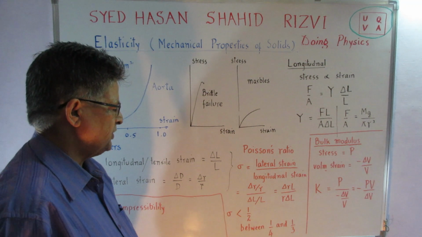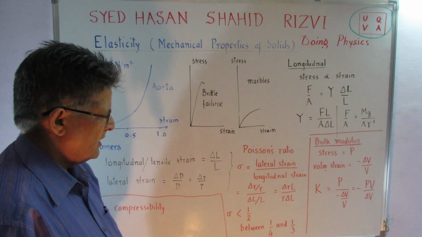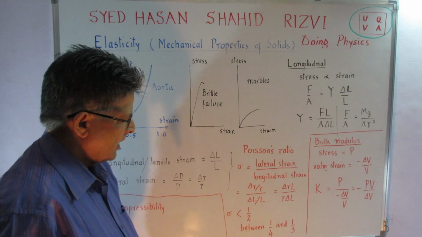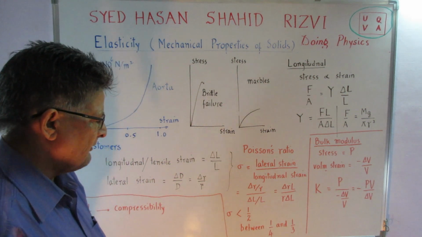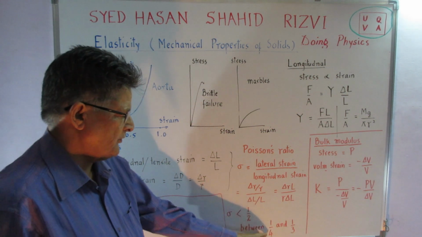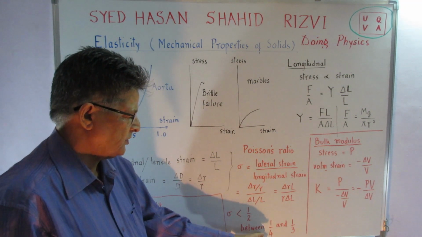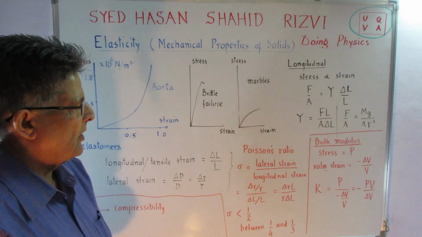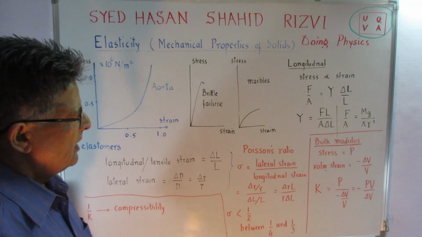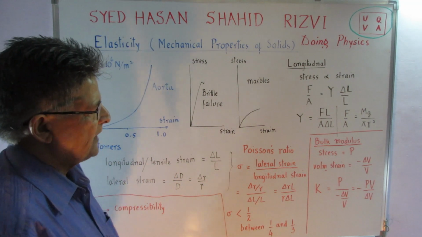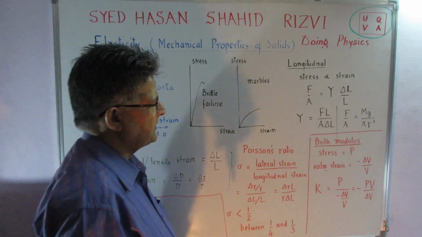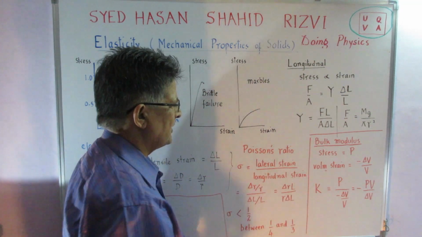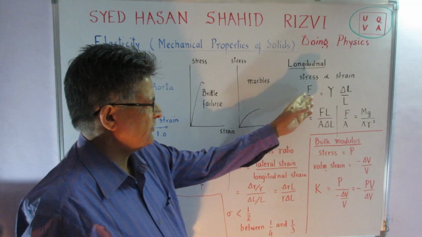This Poisson's ratio is normally less than half, and the typical values lie between 1 upon 4 and 1 upon 3, that is 0.25 to 0.33. One more item that I would like to tell you, of course what we have done before, is stress proportional to strain.